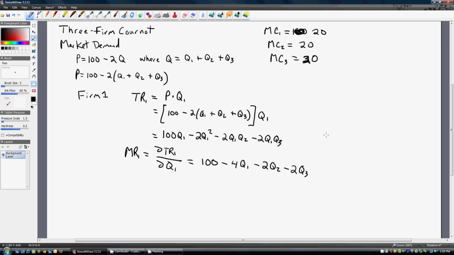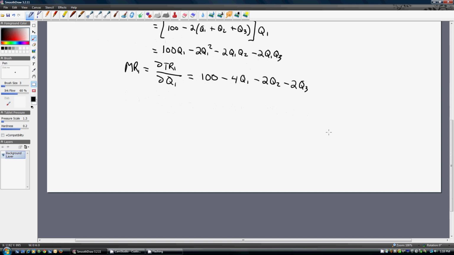The next step is to set firm 1's marginal revenue equal to marginal cost. Just moving up here a little bit. We said marginal cost is $20.